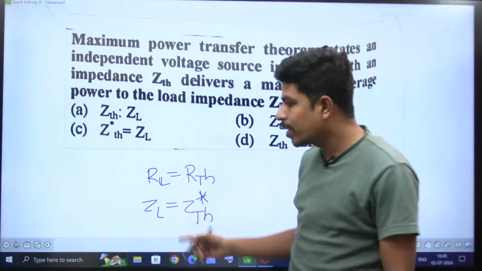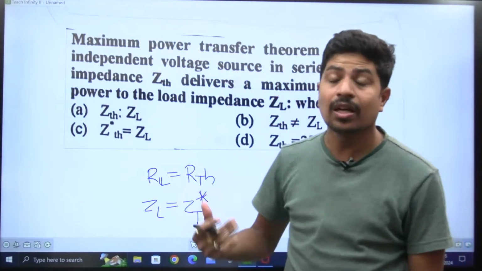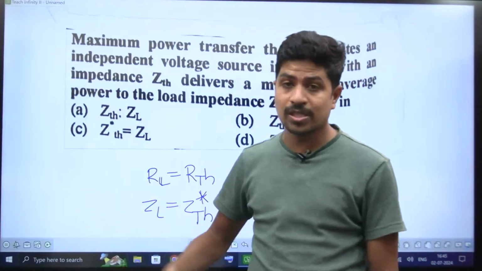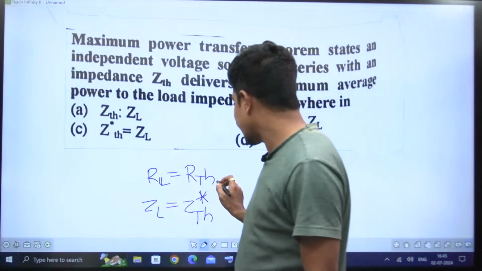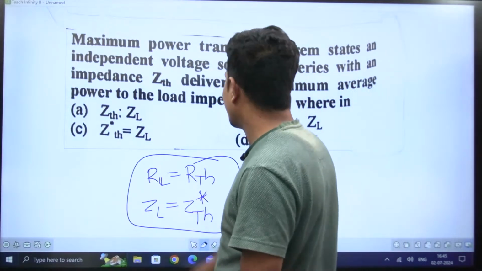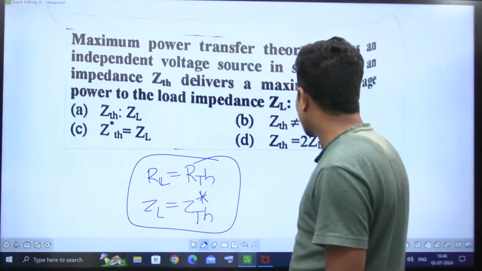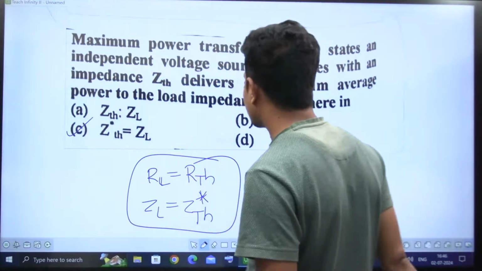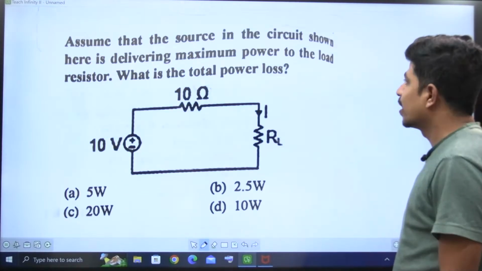If Z Thevenin is inductive, Z load must be capacitive. If Z Thevenin is capacitive, Z load must be inductive. So this is the condition. Please do remember for maximum power transfer, Z load is equal to Z Thevenin conjugate. Option is C. Direct question it is. Next.